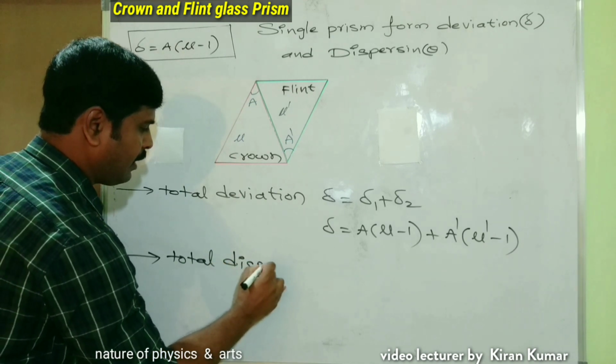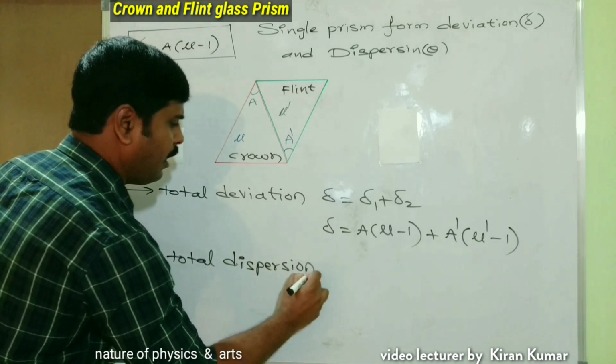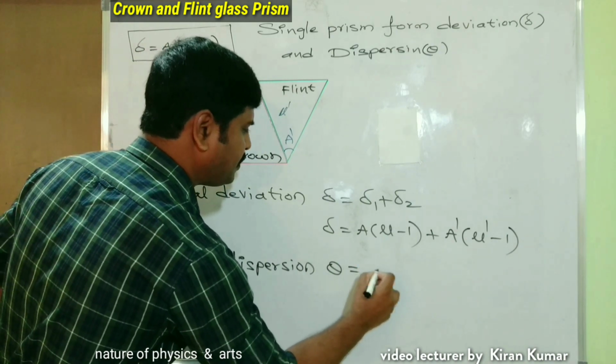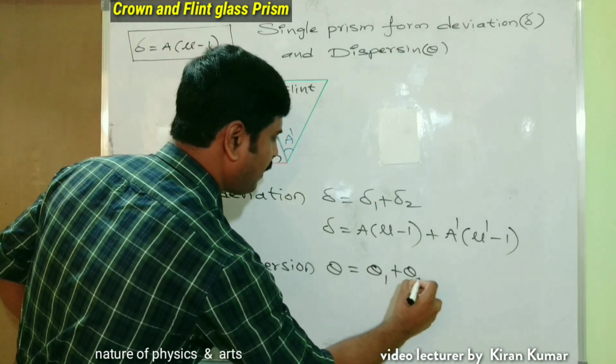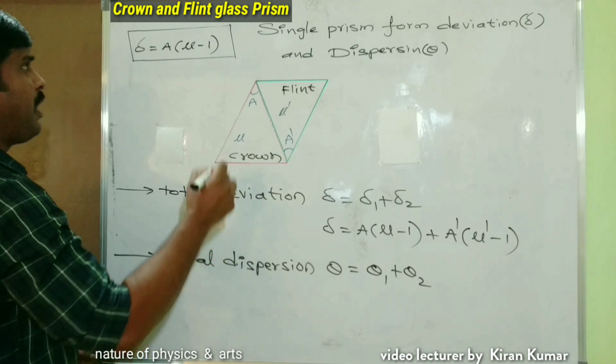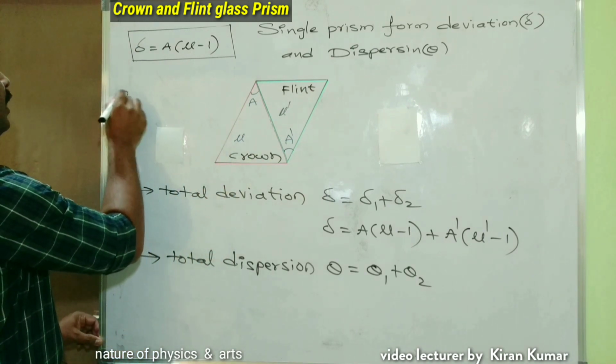Okay, so now we can write total dispersion, that is theta, which is equal to theta 1 plus theta 2. Okay, what is the basic value for theta?